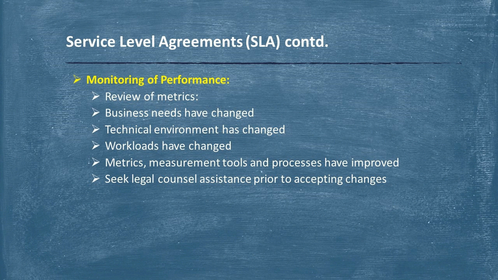Sometimes the workload itself might have changed. For example, a particular processing might have taken 8 hours, and now it might be taking 4 hours. That you will understand when you review the metrics. So that means the workload has reduced, and the capacity can be used for something else.